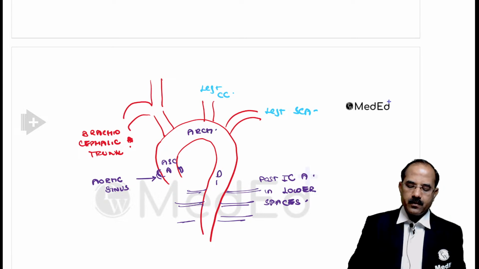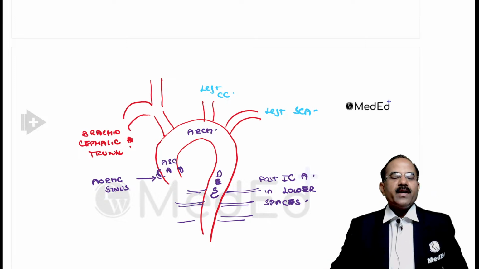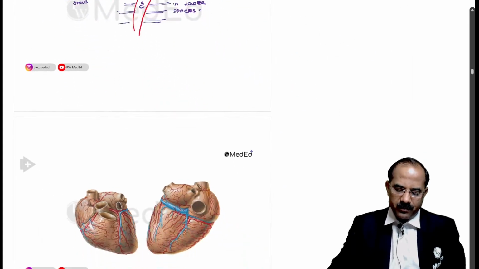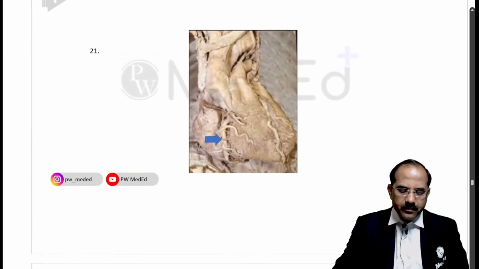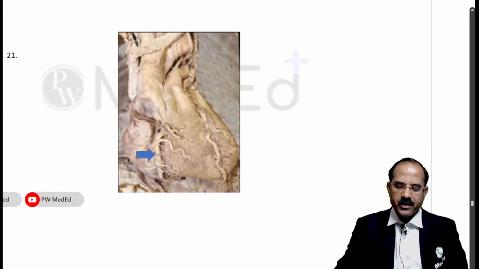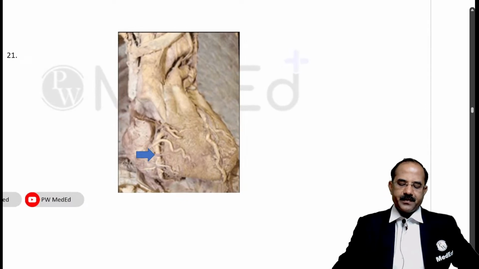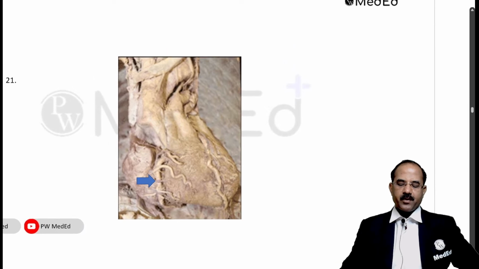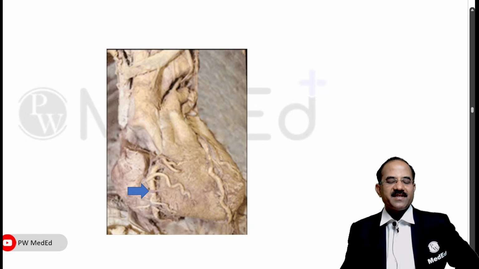This is the arch, descending. Okay, fine. Students, we will proceed. Can you answer this? What is this pointed structure? Come on, students, answer.